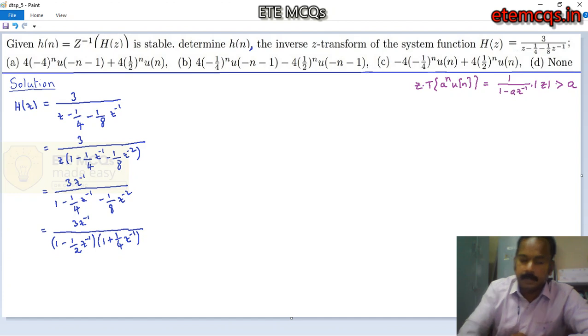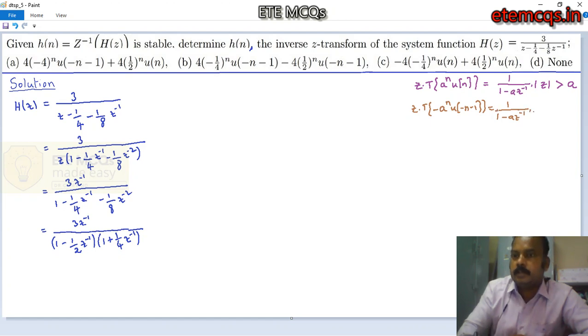Now similarly, the Z transform of minus a power n into u of minus n minus 1 is equal to 1 divided by 1 minus a z inverse. This is the respective Z transformation. Again, you can just notice that the transformations both are the same. The time domain signal varies.